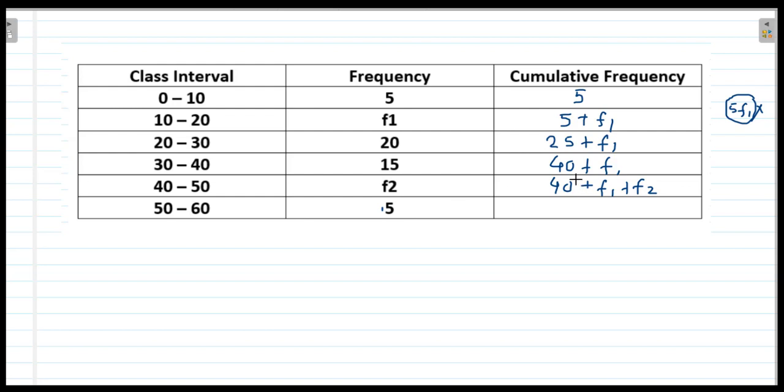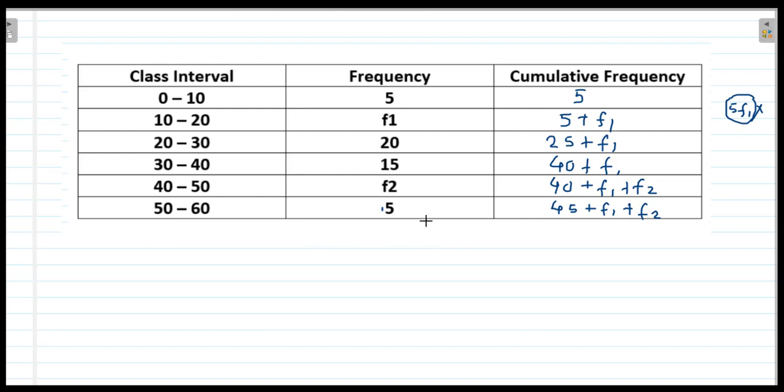So 5 and 40 are like terms, so we will add them to get 45 plus F1 plus F2. Now we have got the cumulative frequency. This is the first step which we have completed, and now we will see how to find the missing frequency.